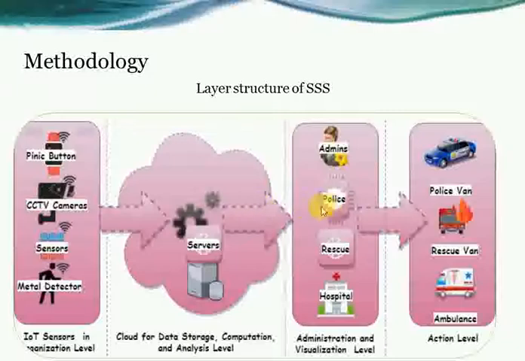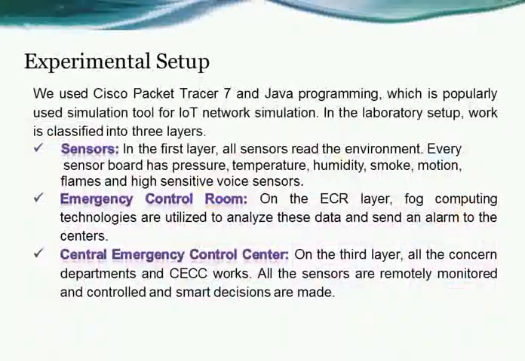According to the incoming data and situations, they take decisions, and accordingly they may send police, control the rescue vehicles and officials, and also the ambulances. So this is the structure of how the smart security framework will work.